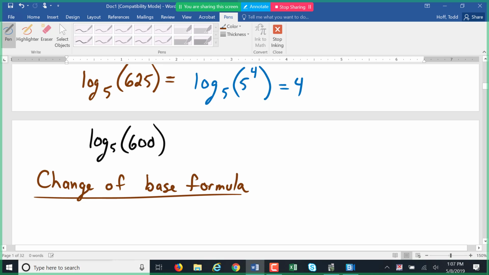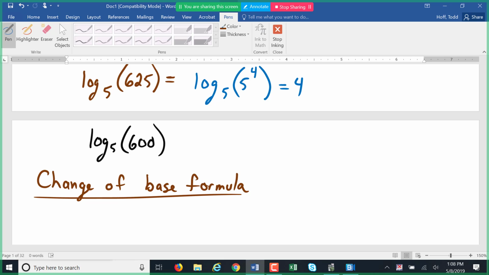Well, they couldn't pre-program all of the different bases of logs into your calculators, although I just read that there is a new calculator coming out this summer that will allow you to put different bases in your logs, just like you can put different indices in your roots. But for right now, we only have base 10 and base e, log and ln.